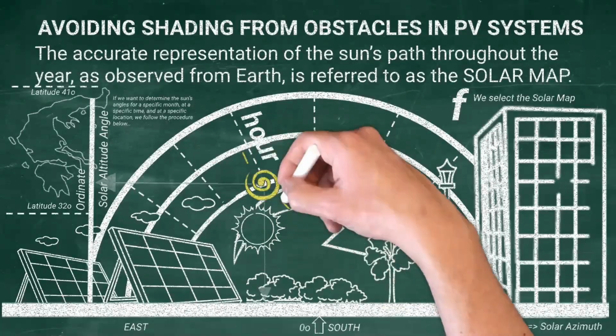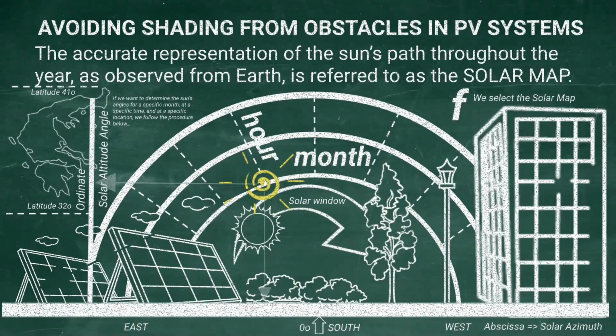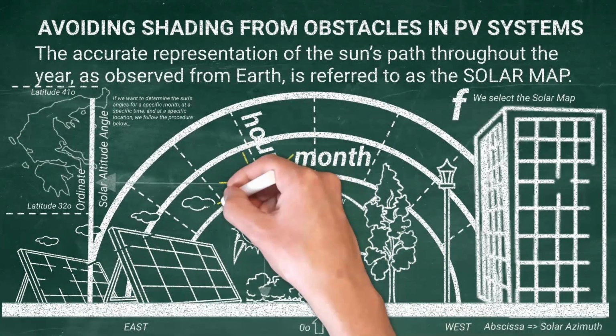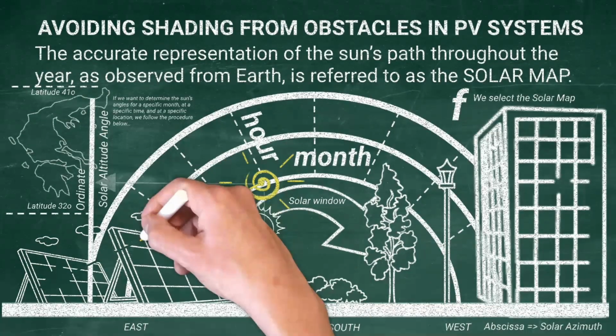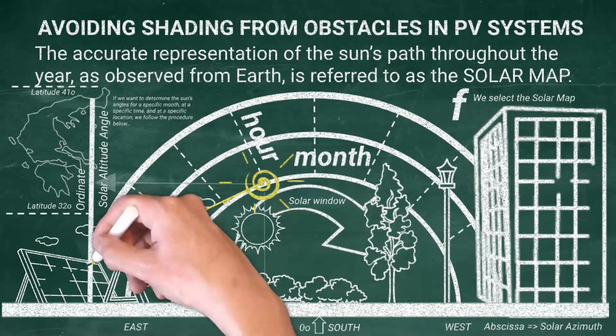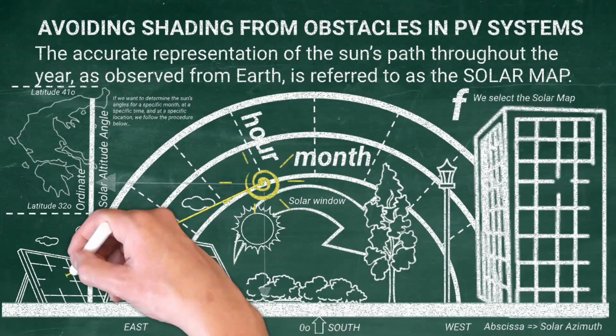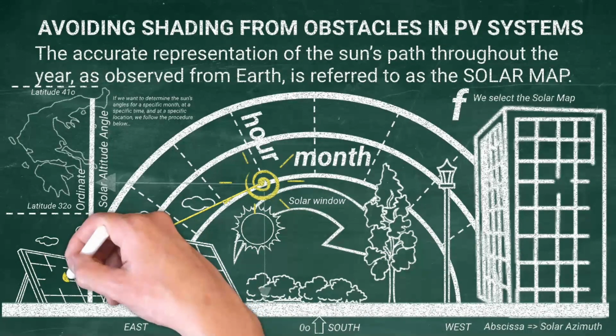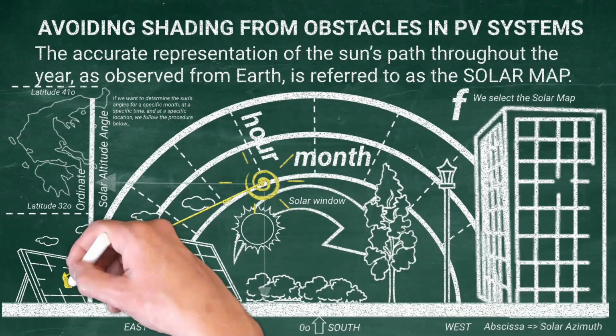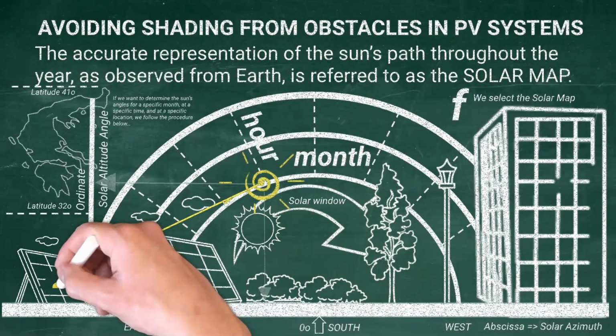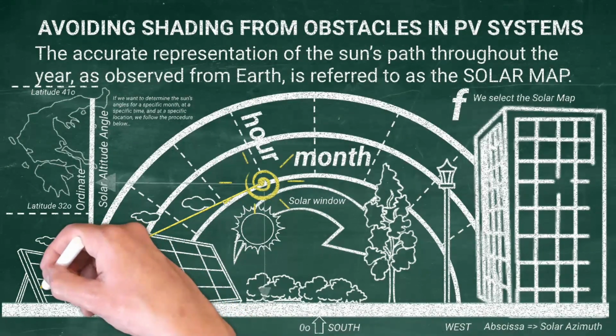Therefore, with this particular method, we can accurately determine the sun's position during the solar window, and for any month that we are interested in. And so we can estimate the direction of the sun's rays in relation to our photovoltaic park. So in this way, we can investigate the sunlight conditions of our photovoltaic park.